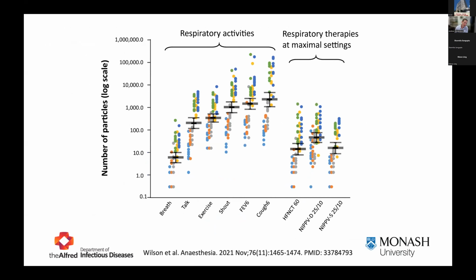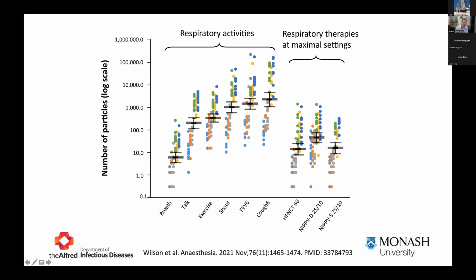And so here's the finding. Again, I'm jumping a little bit around here between papers that looked just at aerosols and those that looked at aerosols with some sort of marker of virus being present, be it PCR or culture. But here's the finding, again, we've got number of particles on a log scale.